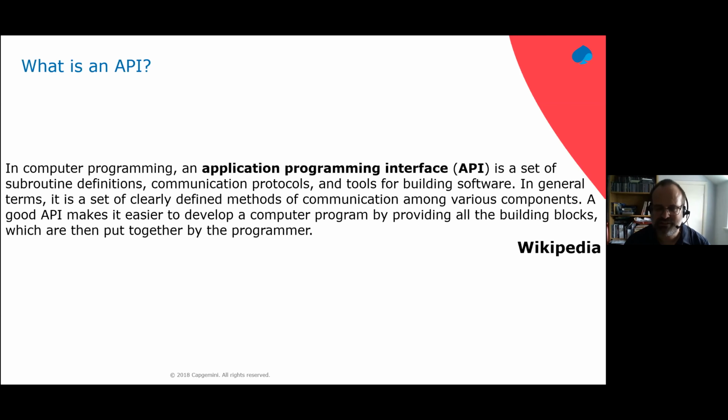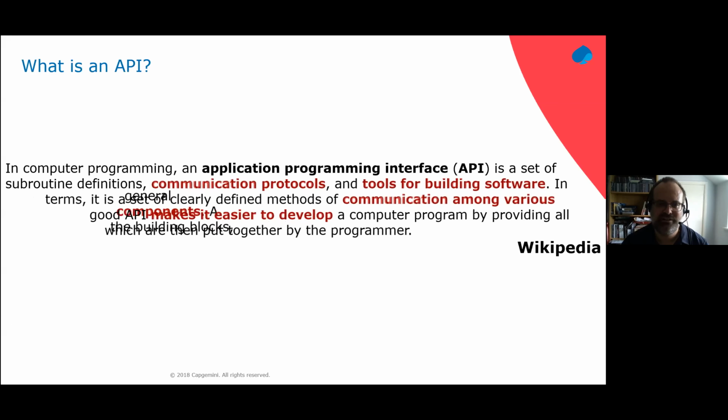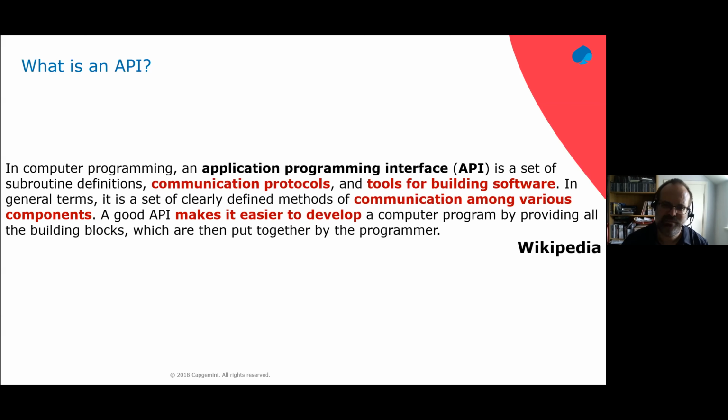So I just went back to Wikipedia and said, well, what's the foundation for the idea? And do you know what the key messages are? It's about communication and communication protocols, but not any specific protocol. It doesn't prescribe HTTP, doesn't prescribe FTP, doesn't prescribe RMI or any of the others that we might know.